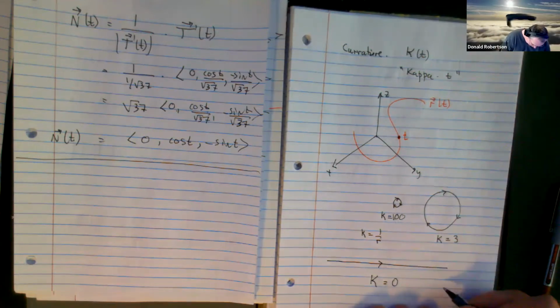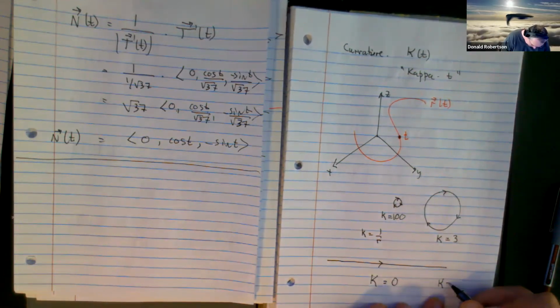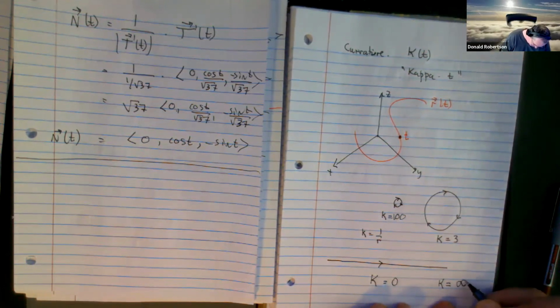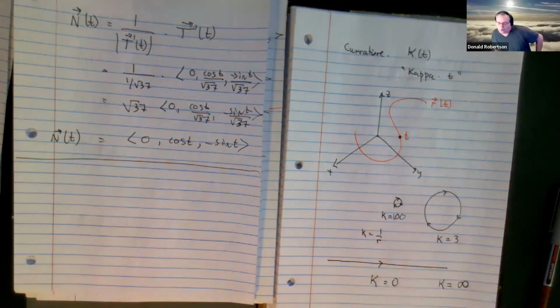Now, there's one other extreme, because kappa can never be negative. What would a point look like if its curvature kappa was infinite? What's the most curved thing in the universe, do you think? I don't know if it's intuitive or not.